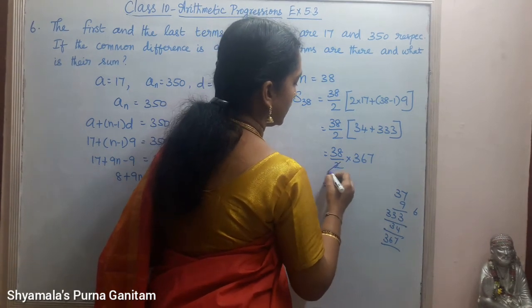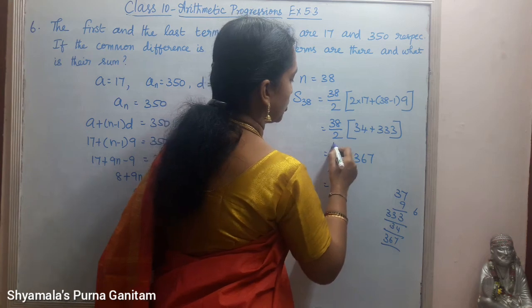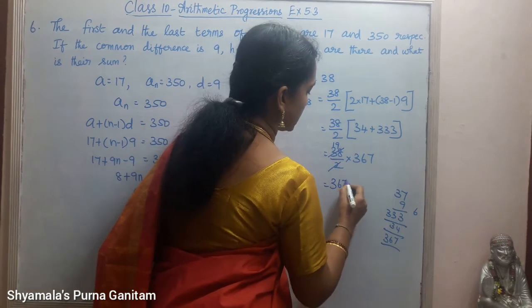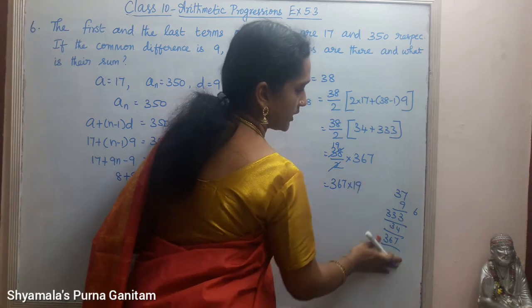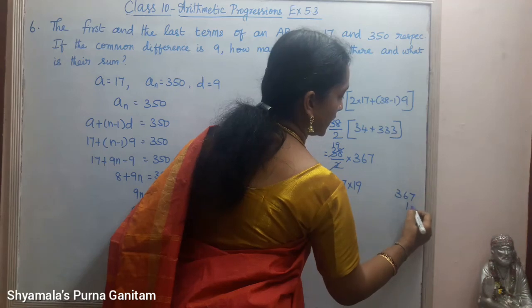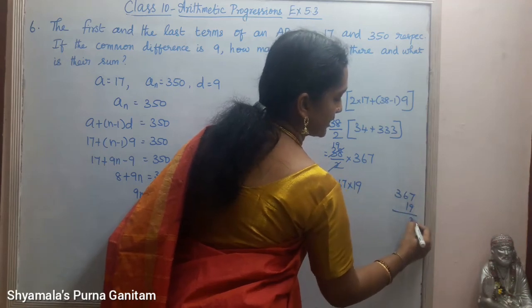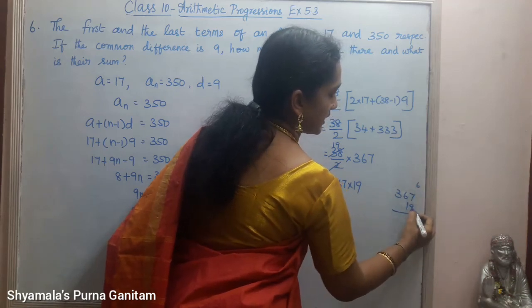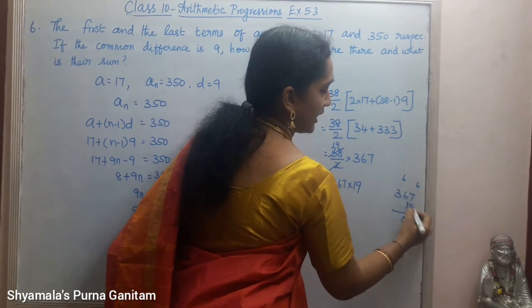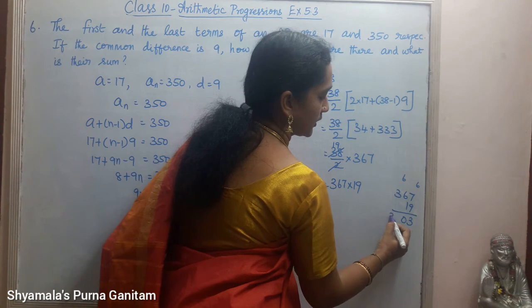So this is equal to 38 by 2 into 367. If we cancel the 2 table, 2 1s are 2, 2 9s are 18. So it is 19 into 367. So 9 7s are 63, 9 6s are 54 plus 6 is 60, 9 3s are 27 plus 6 is 33.